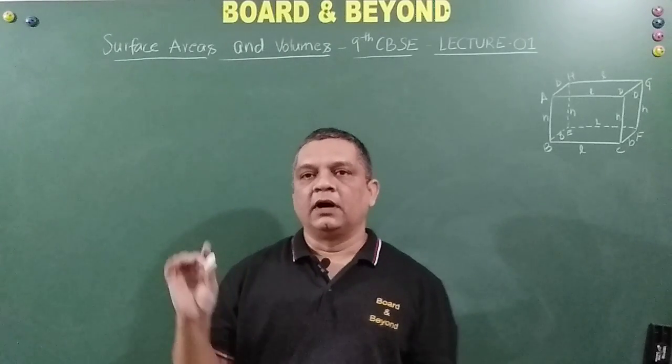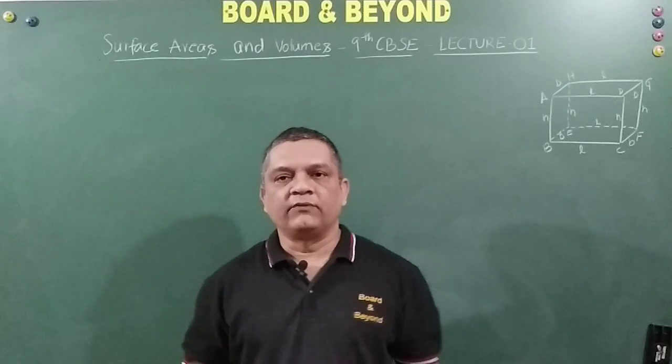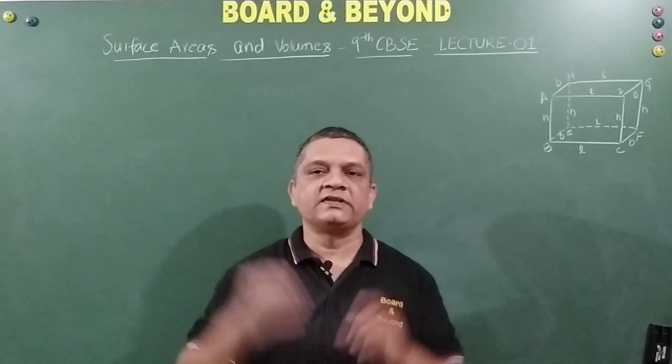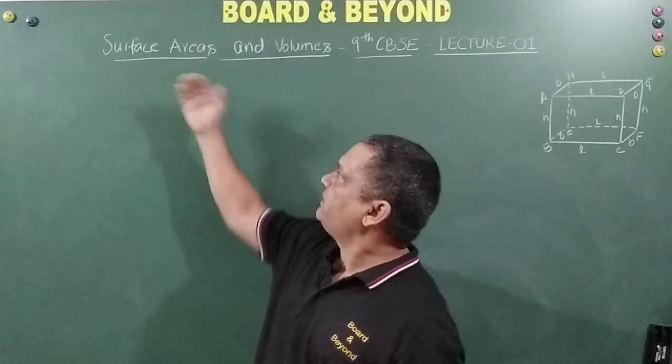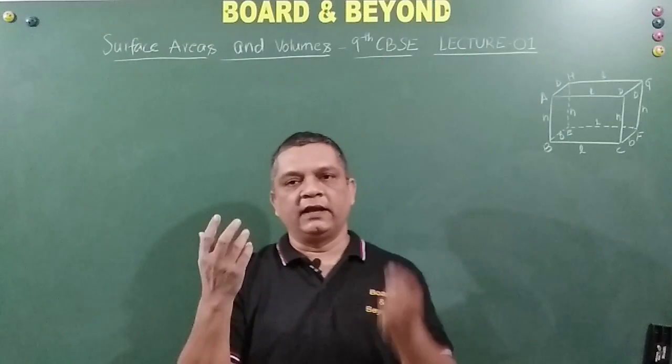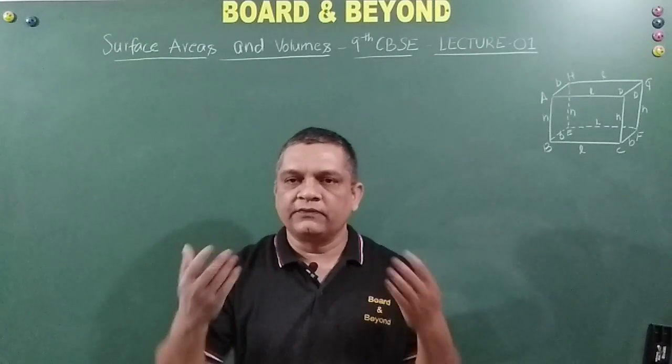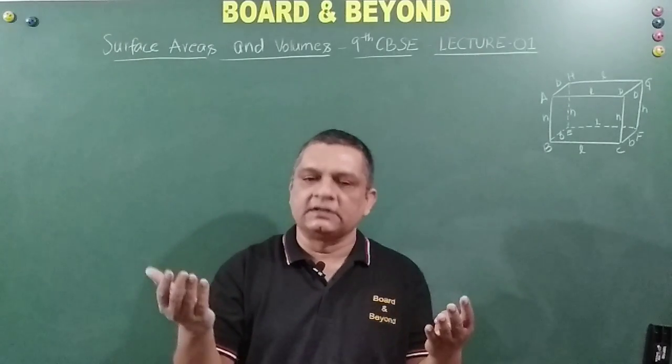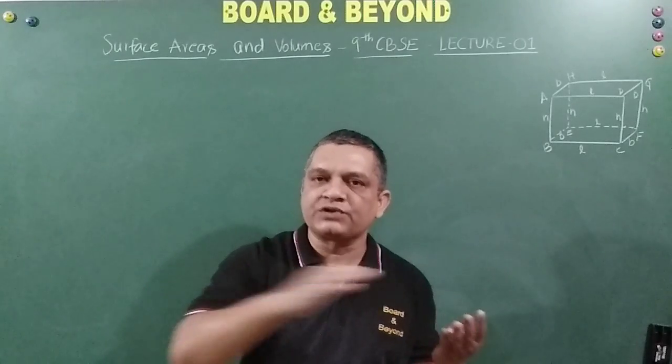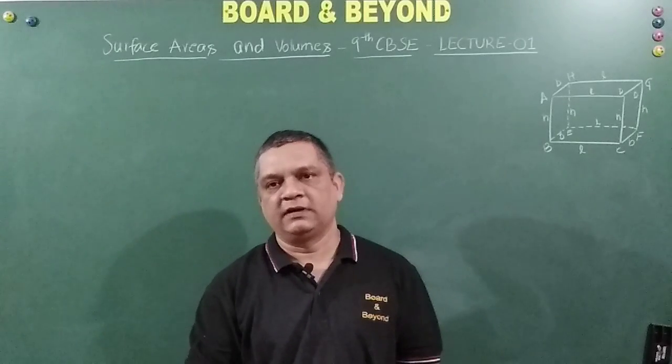So let's try to understand what we mean by surface area. When we say these two words, it is surface and area. First, let us quickly understand what a surface is. Any flat structure is called a surface, right friends?